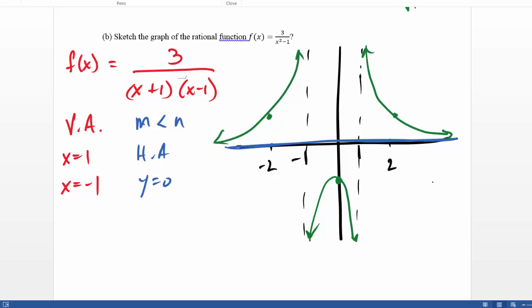And now, as I told you before, I didn't t-chart this on the page, but I did this very quickly. From each of the three regions of this graph, I've just t-charted a point to give myself a general idea of the sketch of the graph. Now, if you need to t-chart more points, that's perfectly fine. And again, you can check this on your calculator.